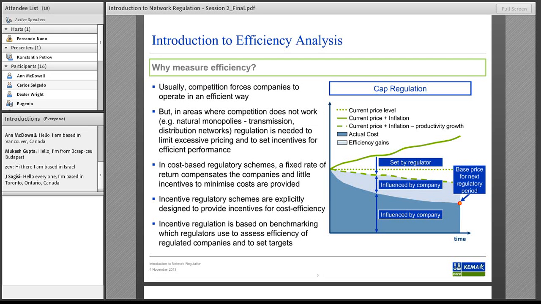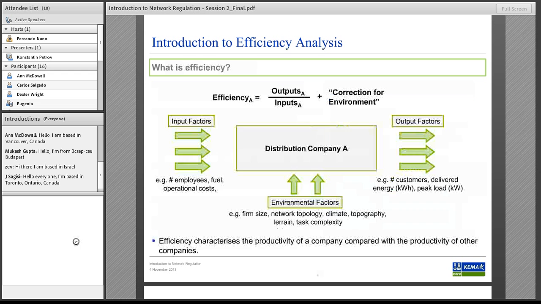So in terms of efficiency analysis, it's important not only to say how to estimate and measure the efficiency, but also how we use these efficiency results in the context of the price control. This integration step is very important because it shows how the regulated revenue will be set, using the efficiency analysis and integrating these results in the process of setting the allowed revenues for the regulated businesses.